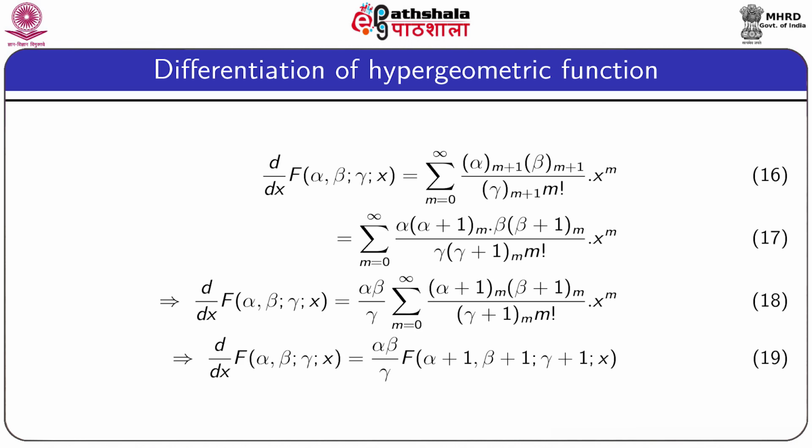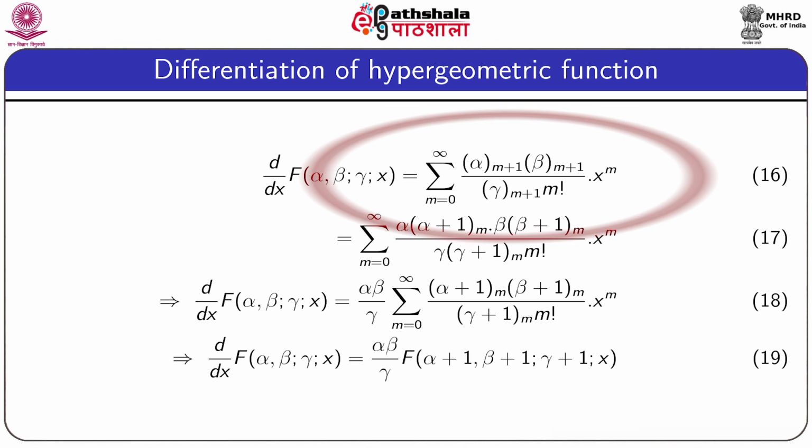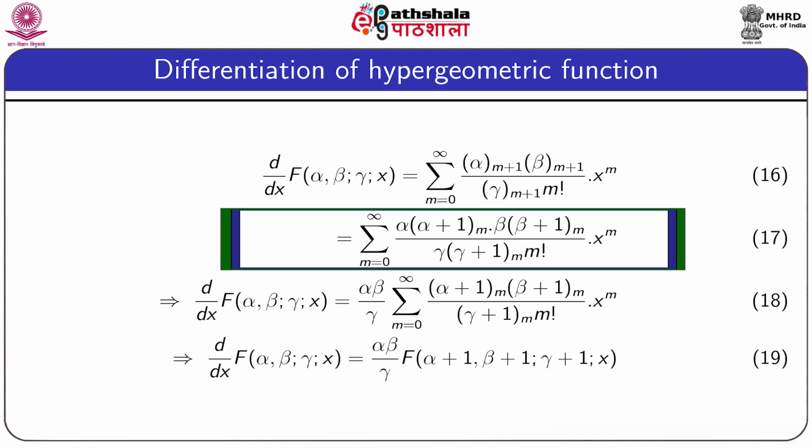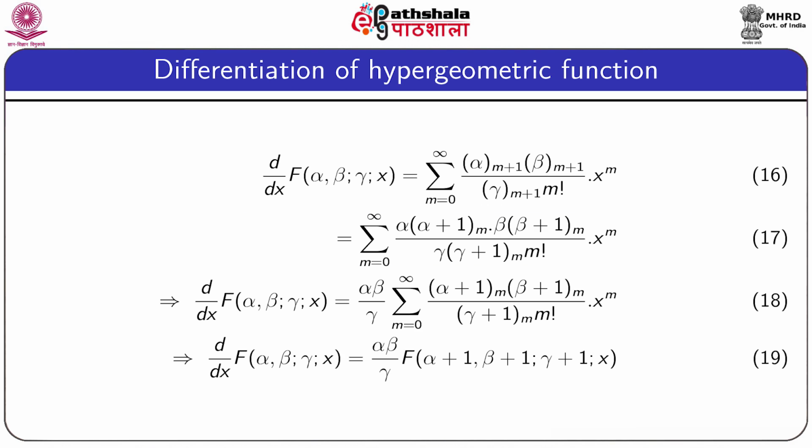We next replace r minus 1 equal to m, and we will get d/dx of f is equal to summation m equal to 0 to infinity alpha m plus 1 beta m plus 1 divided by gamma m plus 1 into m factorial x to the power m, which is equal to summation m equal to 0 to infinity alpha into alpha plus 1 m beta into beta plus 1 m divided by gamma into gamma plus 1 m into m factorial x to the power m.